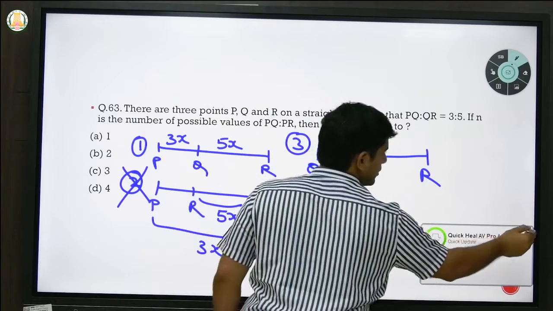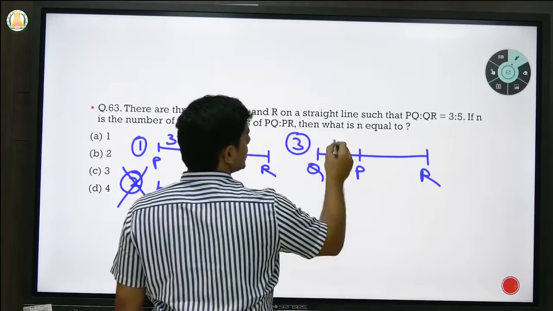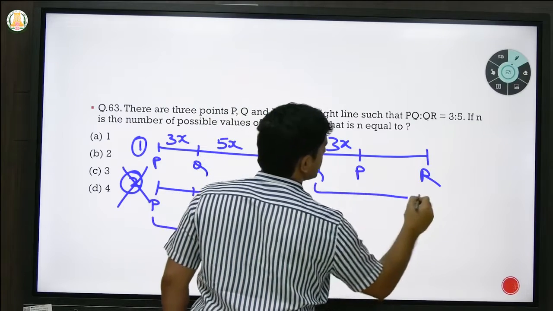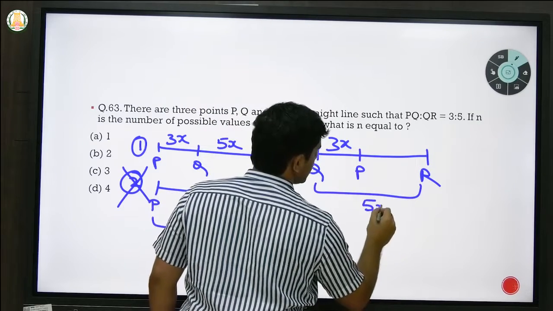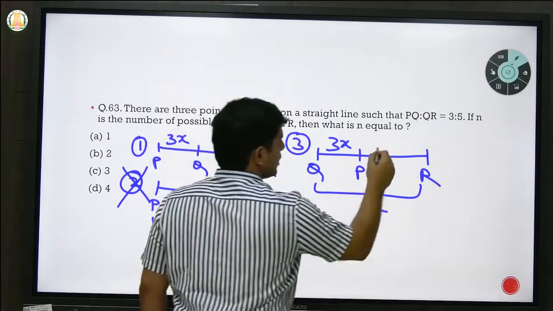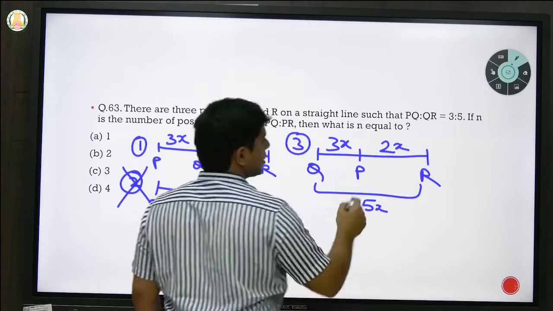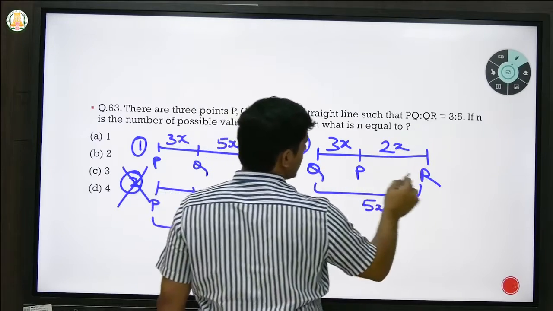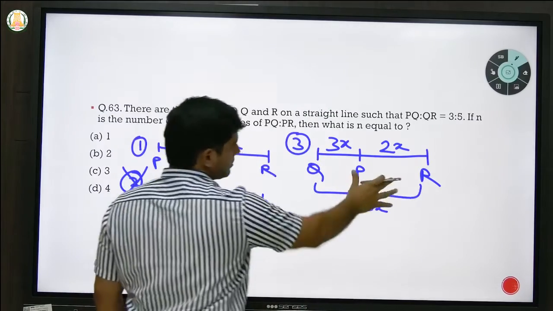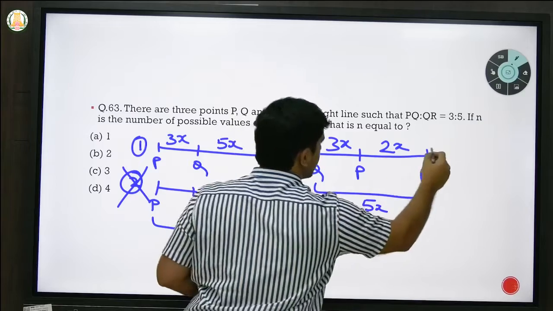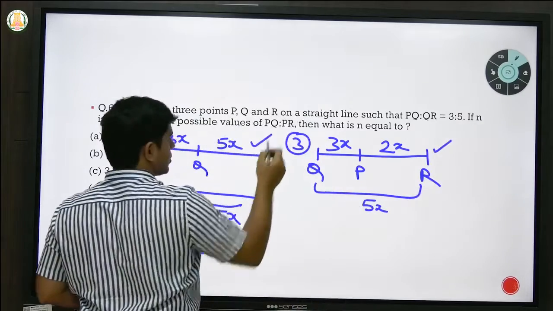So here PQ is 3x and QR is 5x, then your PR becomes 2x, because the length of the entire thing RQ is 5x. This is possible because RQ is of bigger length than PQ. So this is a possibility. So we can consider this possibility and the first possibility.